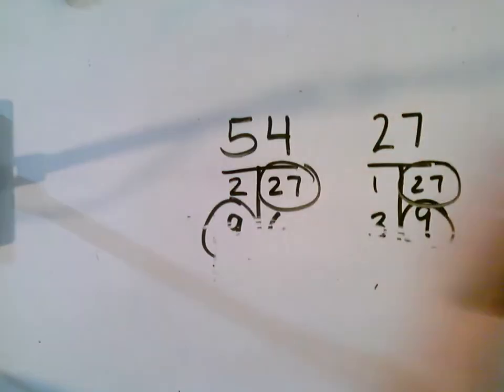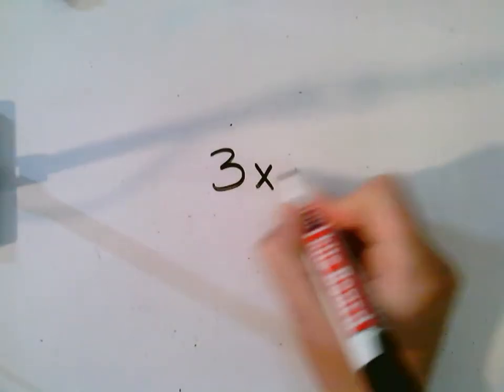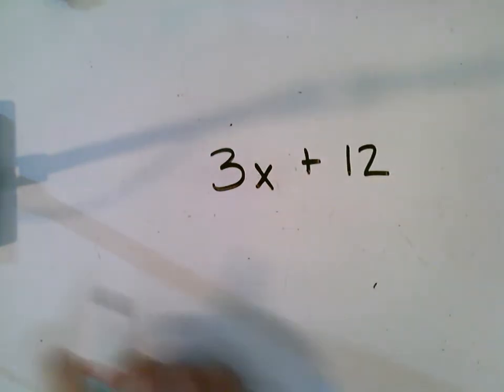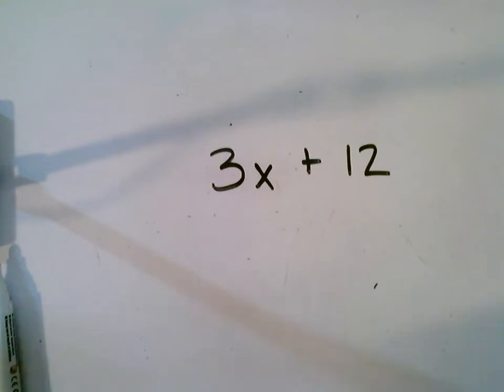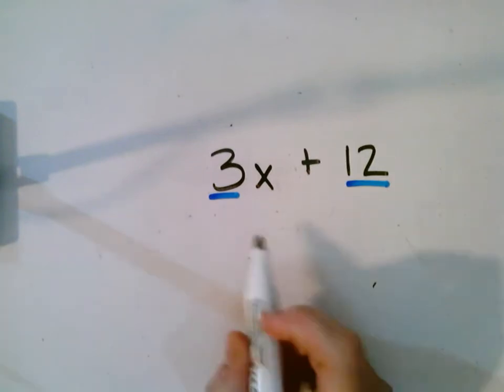So let's factor some expressions. Let's say I have the expression 3x plus 12, and I want to factor out the greatest common factor. So I'm going to look at the two numbers that I have in my expression, 3 and 12, and find the greatest common factor of those two.